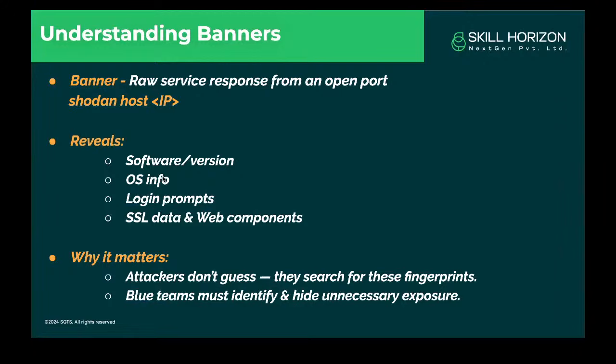Right? This is the meaning of a banner. And why does it matter? Because attackers are not guessing. They search for these fingerprints. They are basically checking if the data is relevant or not. So the blue team must identify and hide unnecessary exposure.